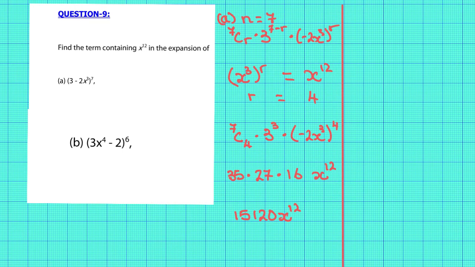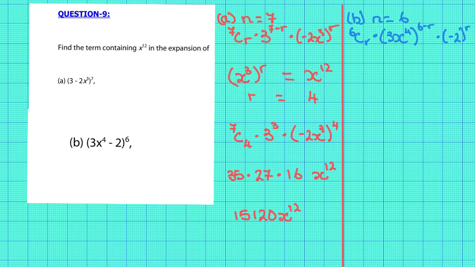Question 9b. Find the term containing x to the power of 12 in the expansion of (3x to the power of 4 minus 2), all raised to the power of 6. In this example, n is equal to 6, giving 6 choose r, (3x to the power of 4) raised to 6 minus r, (minus 2) to the power of r.